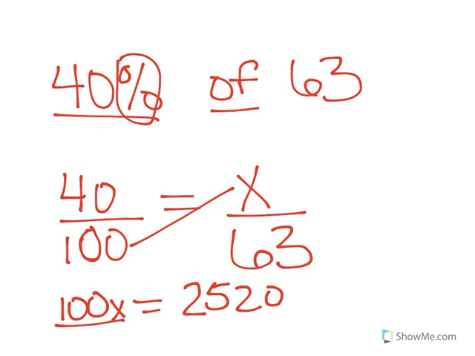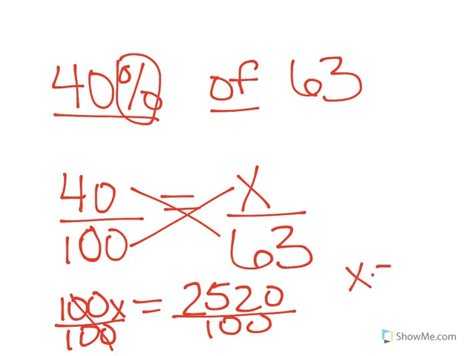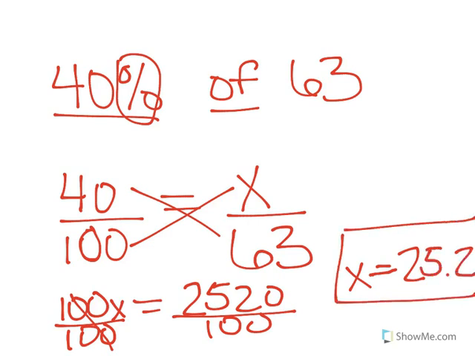Now, the inverse of that, divide by 100, because I need to isolate the variable. So x equals 25 and 2/10. That is my answer.